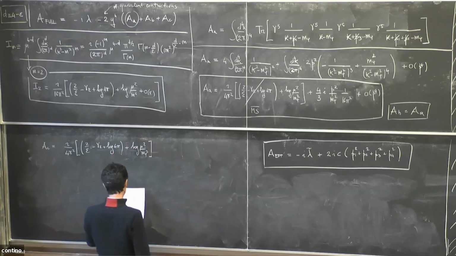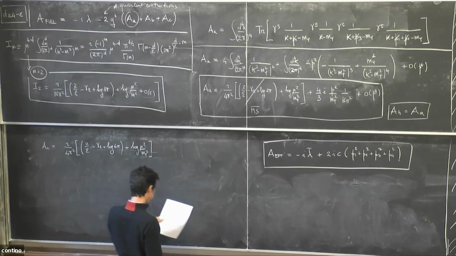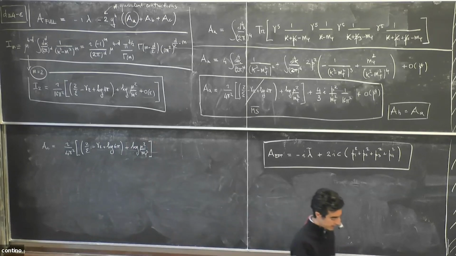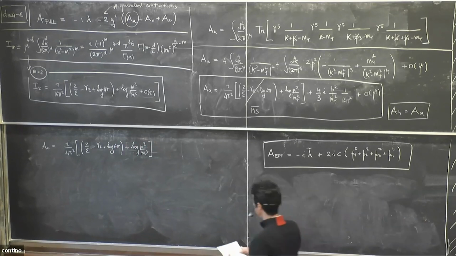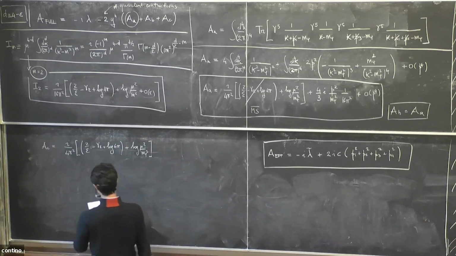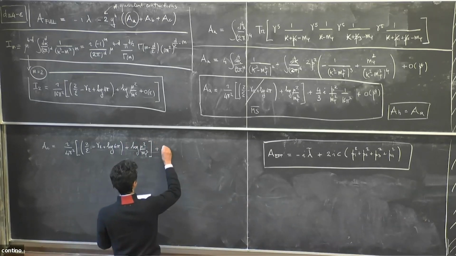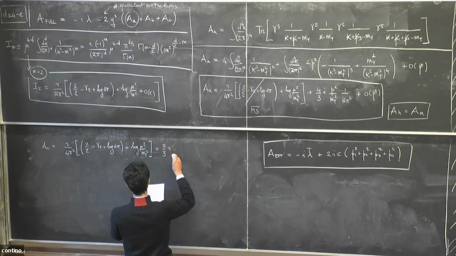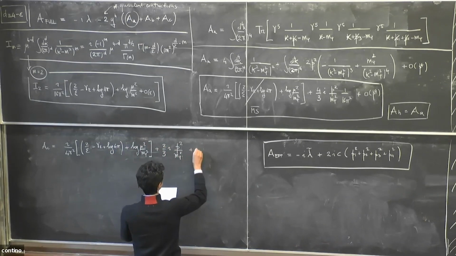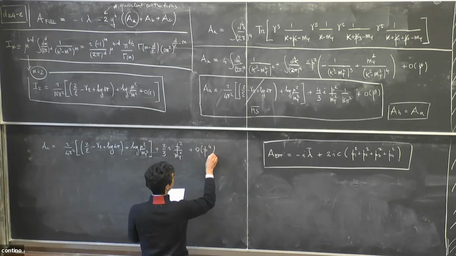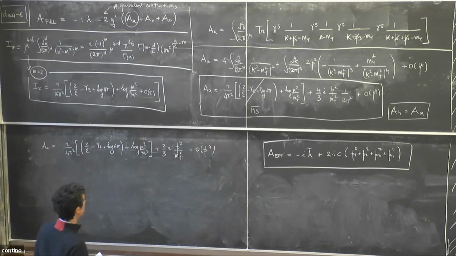And then there is the following expression, plus 2/3 i p squared over m psi squared, plus orders p to the fourth. Okay.